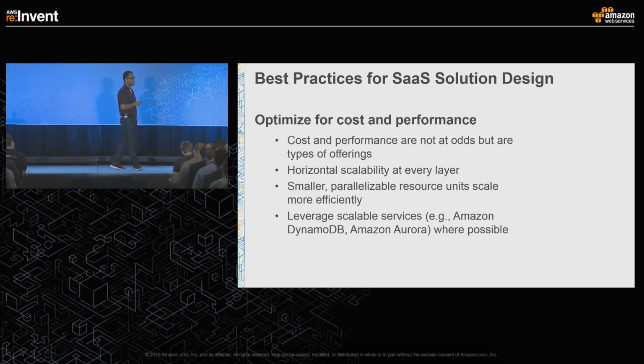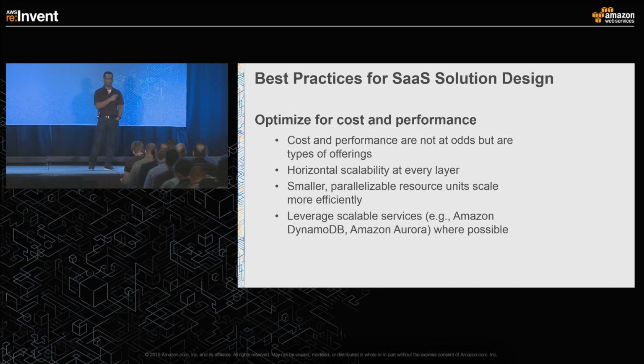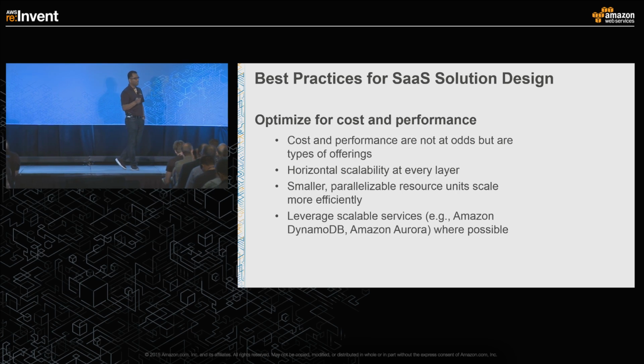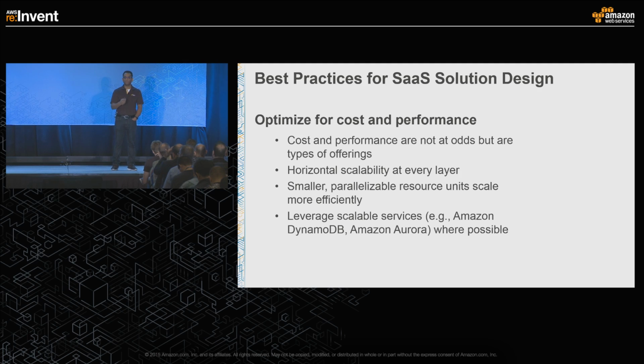Another best practice is horizontal scaling at every layer, and I think this is a common and well-known principle for AWS application design. The third is to create smaller, more parallelizable units of work. So the idea behind this is not to create something that will use the largest box possible, but rather something that can be easily horizontally scaled.